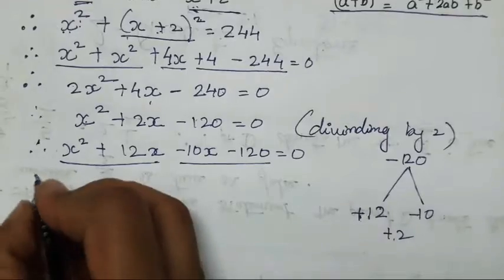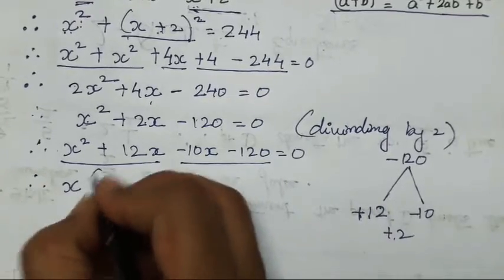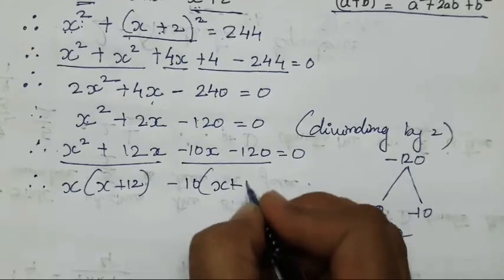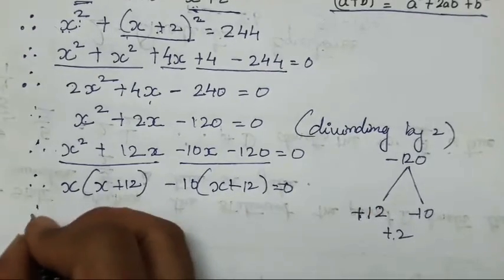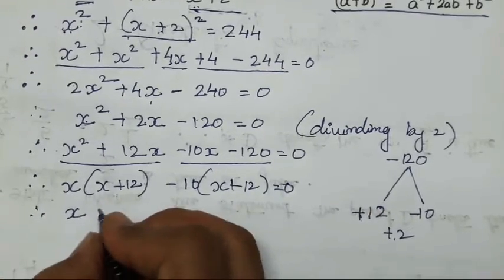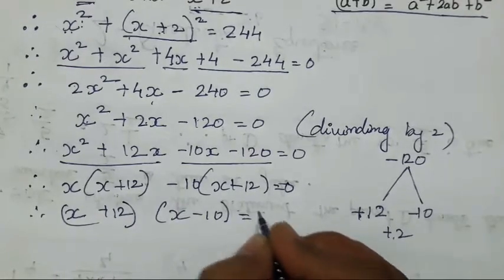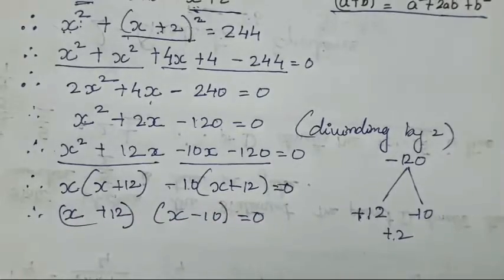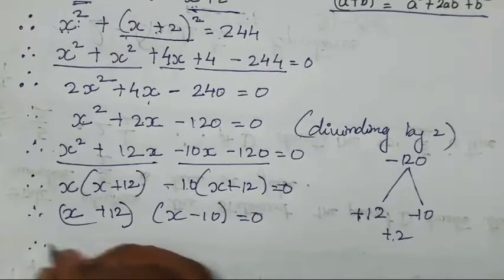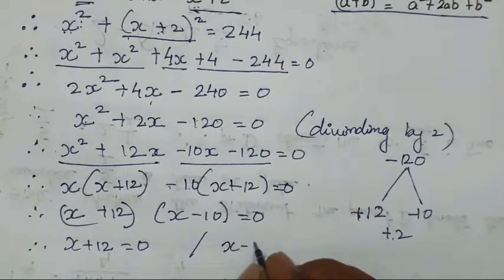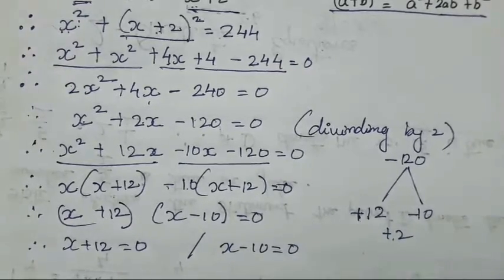Now you all have to make the pairs, which is going to be x into x plus 12, minus 10 into x plus 12 is equal to 0. Therefore x plus 12 is your common term, x minus 10 is your other term. Now from here, x plus 12 is equal to 0 and x minus 10 is equal to 0.